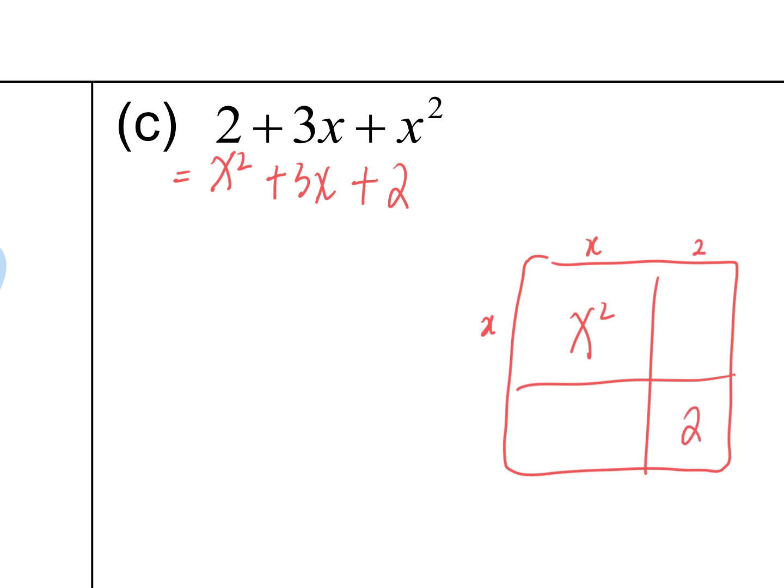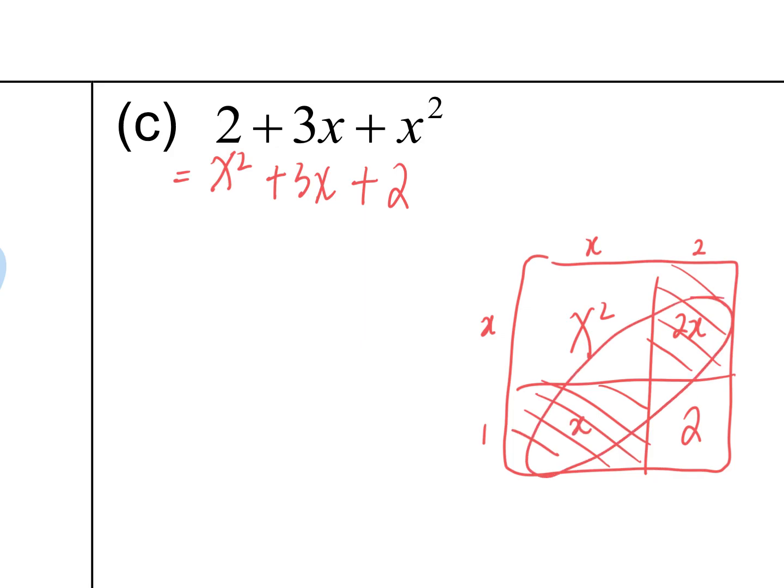So 2 and 1. So you check this piece. This is 2x. You check this piece. This is x. Now they add up to 3x. So I know I'm happy, I'm done. So it's x plus 2, x plus 1.